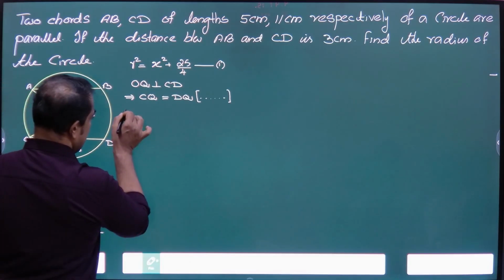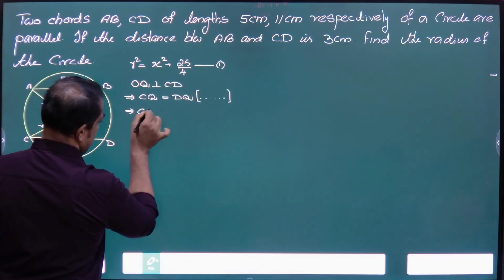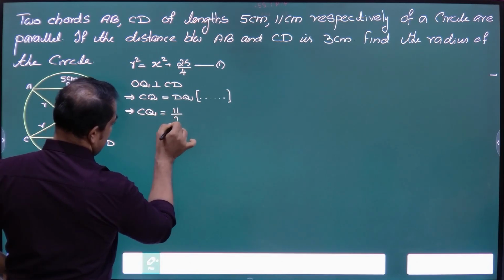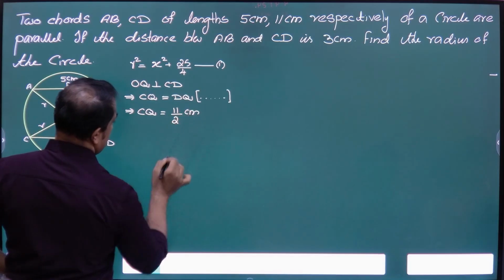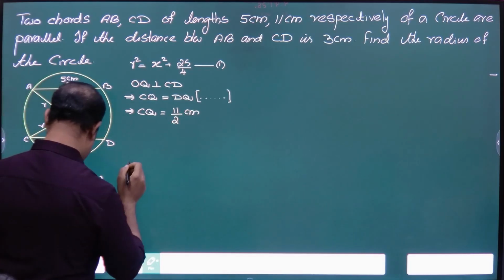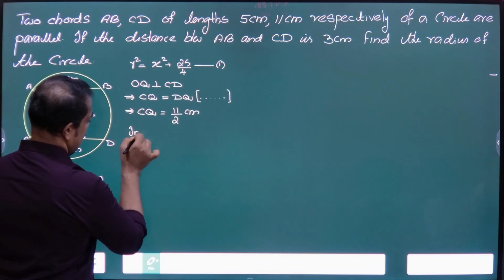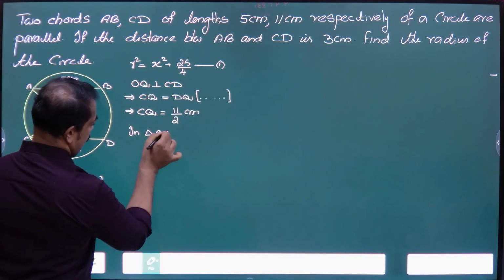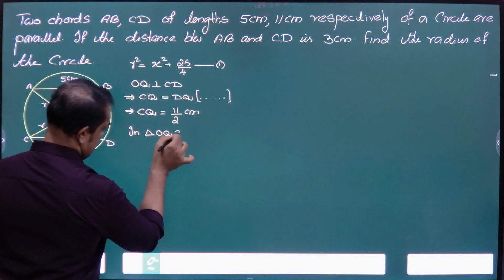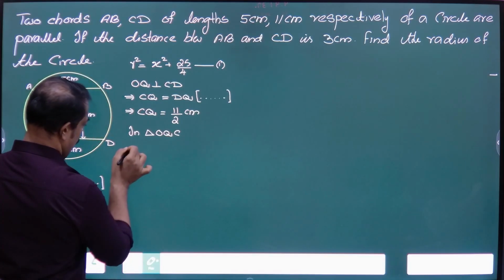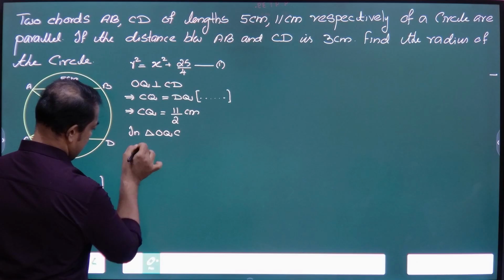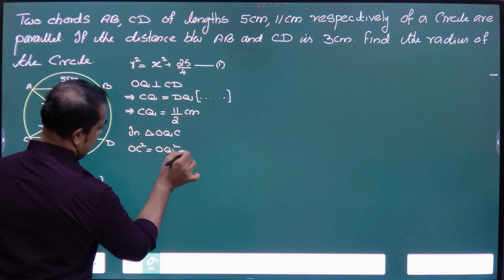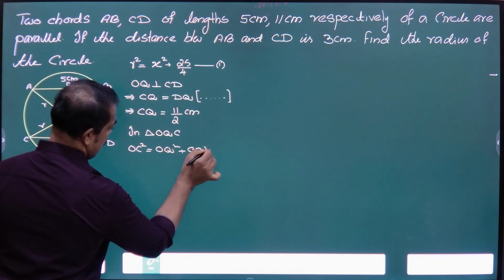Implies what is the value of CQ? 11 by 2. Next, apply Pythagoras theorem in triangle OQC. OC square is equal to OQ square plus CQ square.